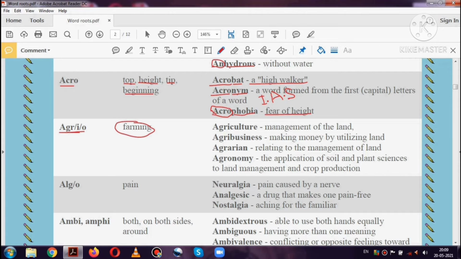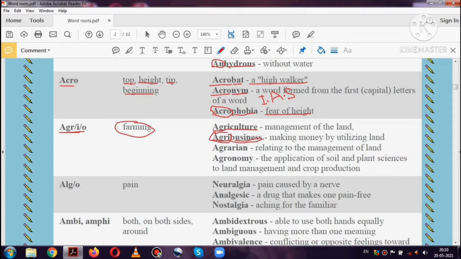Agri means farming, and culture contains the sense of cultivation. So agriculture means management or farming of the land. The next word is agribusiness. Agri means farming, and this business is related to farming. So something related to farming is known as agribusiness.